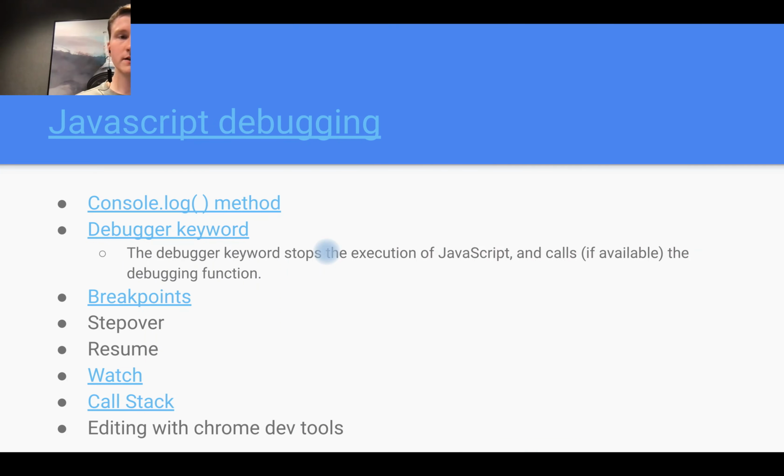So, who can tell me what JavaScript debugging is? It's a way of systematically going through your code to find any errors in it.